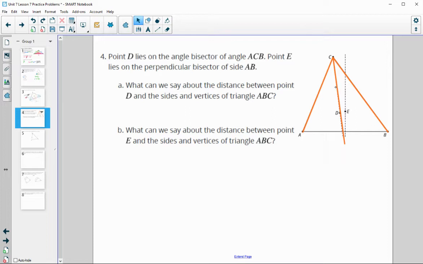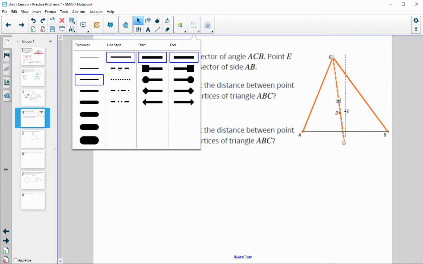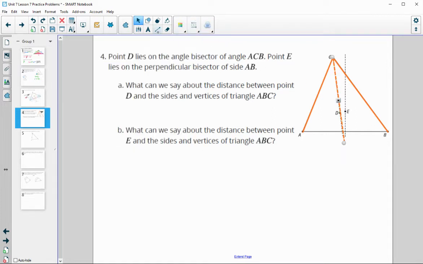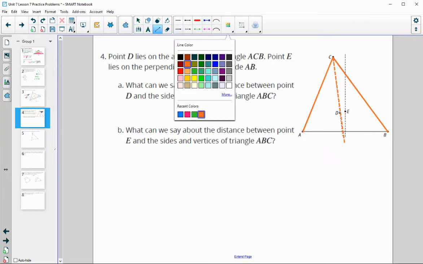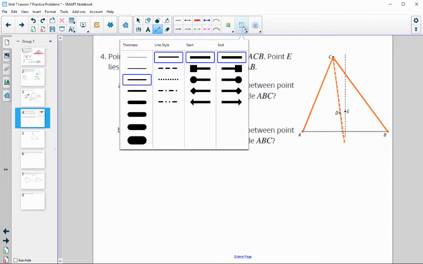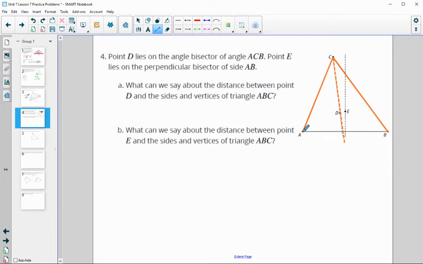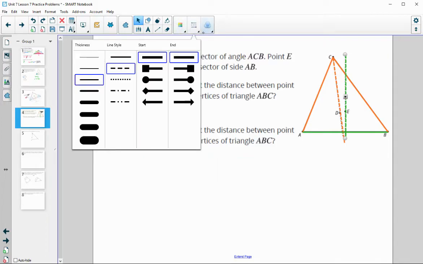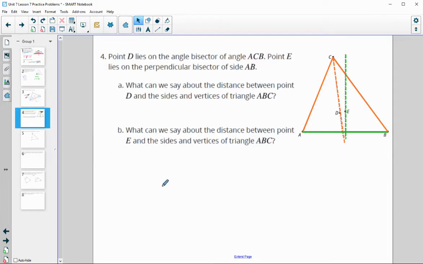And then E is on the perpendicular bisector of AB. So here's AB, and then E is on the perpendicular bisector of that segment. So what can we say about these points in relation to the sides and the vertices.